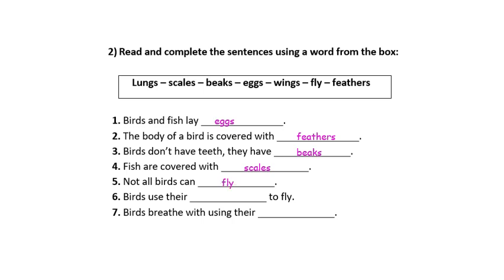For example, flamingo, duck, penguin, and let's say a peacock. Number 6, birds use their wings to fly. Number 7, birds breathe using their lungs, of course.